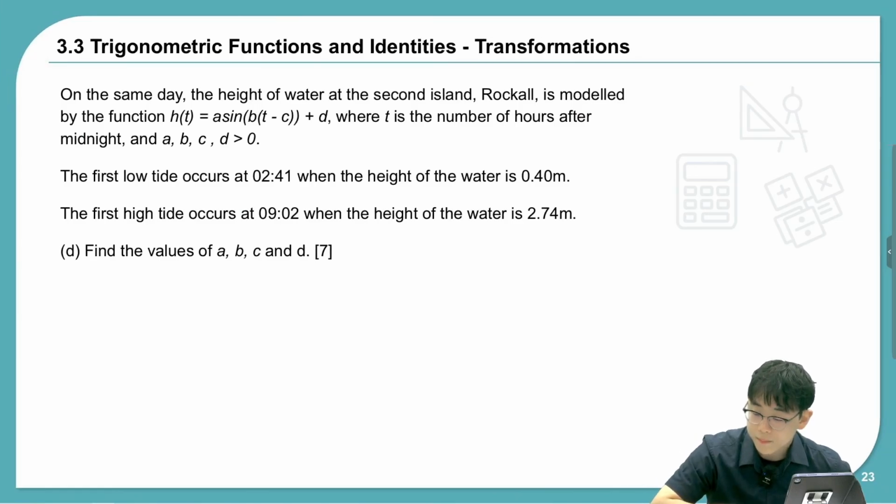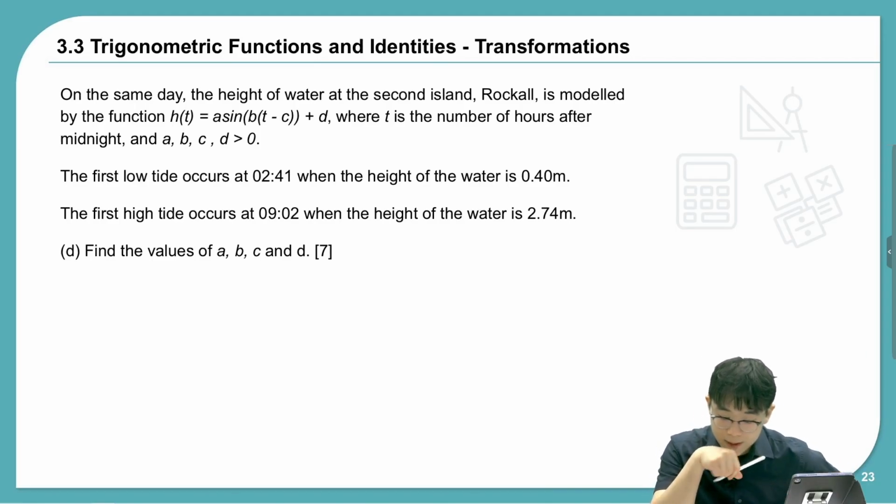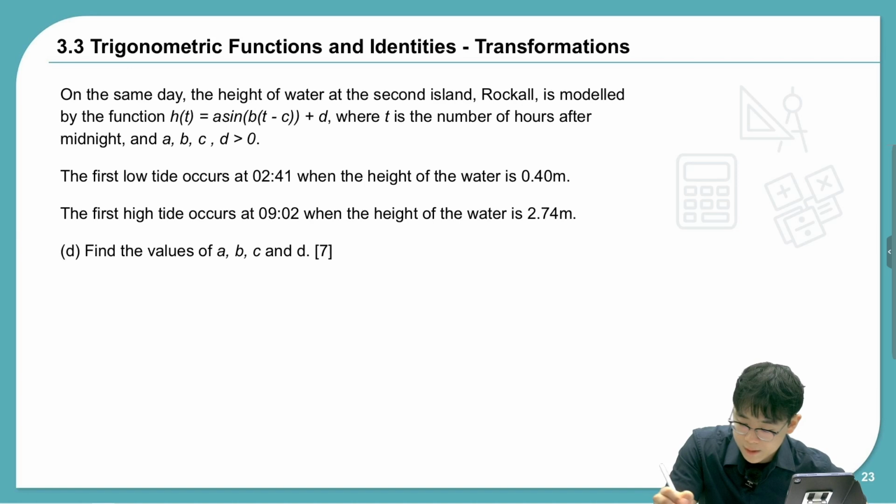Part D, we have a new island, a new sinusoidal function where we have to find A, B, C, and D, right? So let's find all of these one at a time.